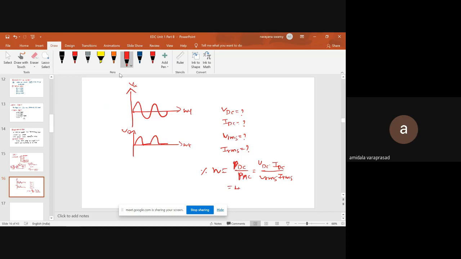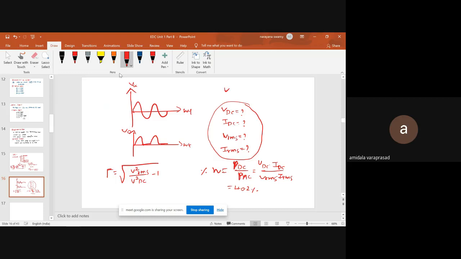For this we'll get 40.2%. And ripple factor is equal to square root of V square RMS by V square DC minus 1. In this one, you can substitute all these, so these values we can obtain.